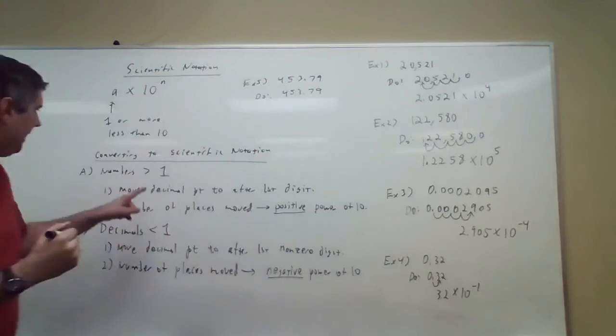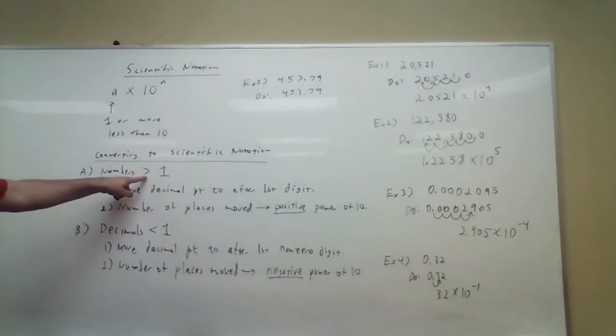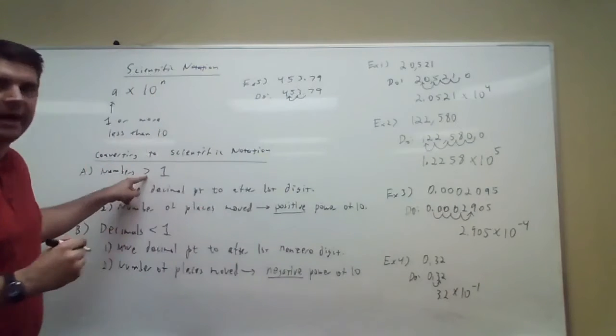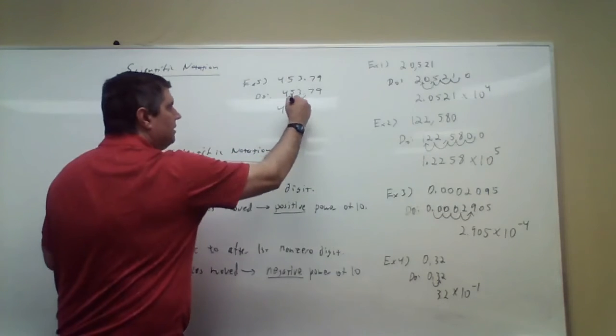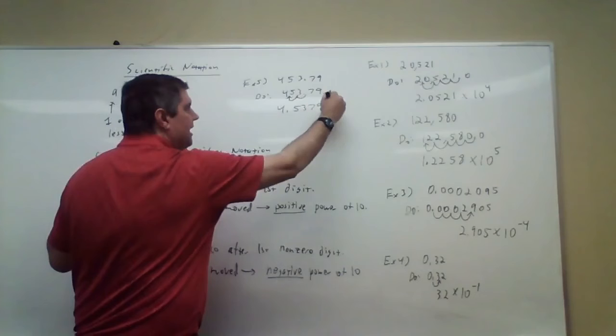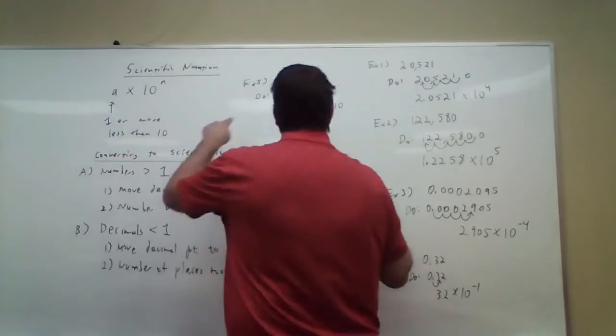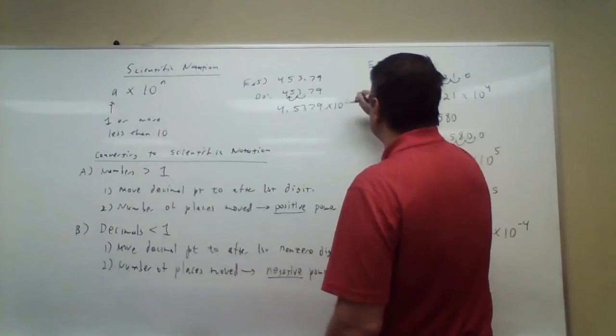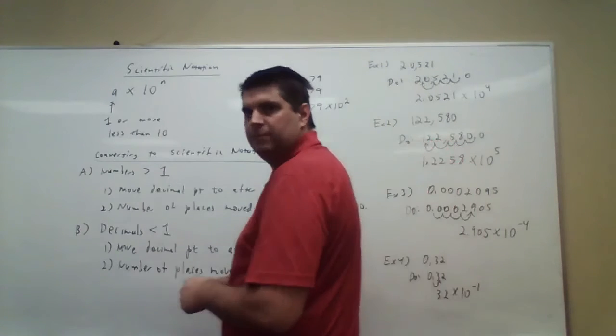But keep in mind, it is still a number that is greater than 1. So we're going to move it to right there. And we have 4.5379 times 10. We moved 2 places. It's larger than 1, so it's going to be 10 to the positive second power. Okay?